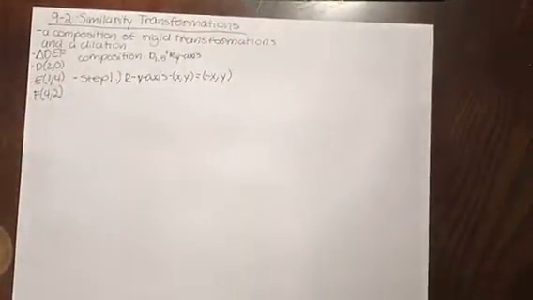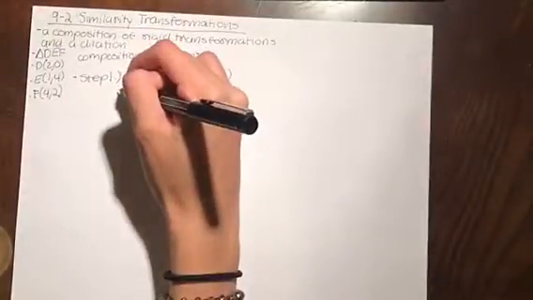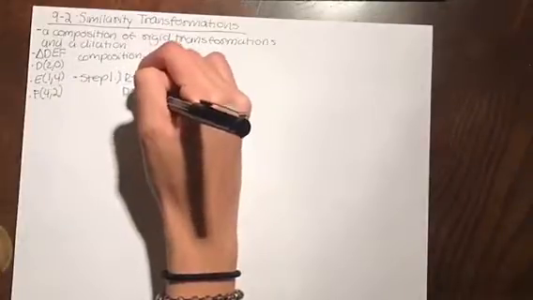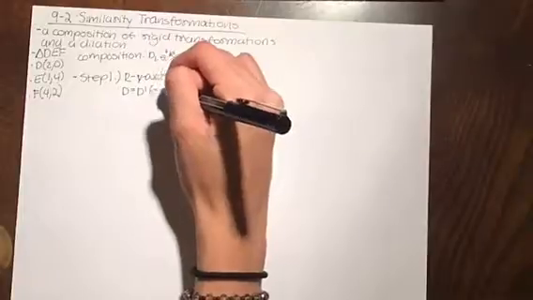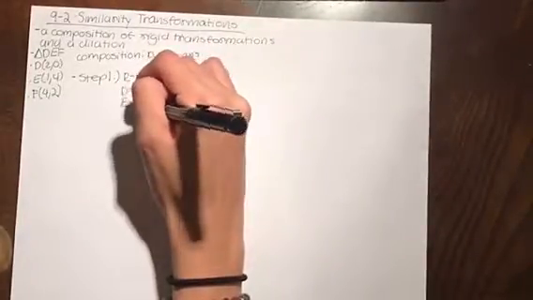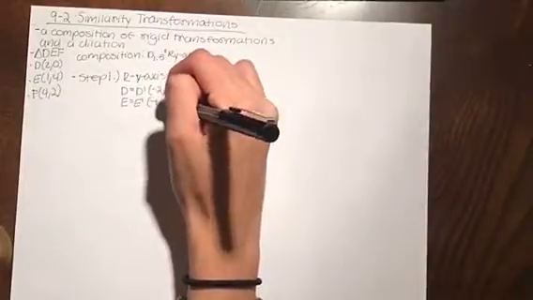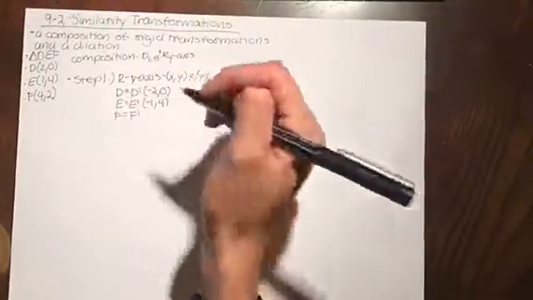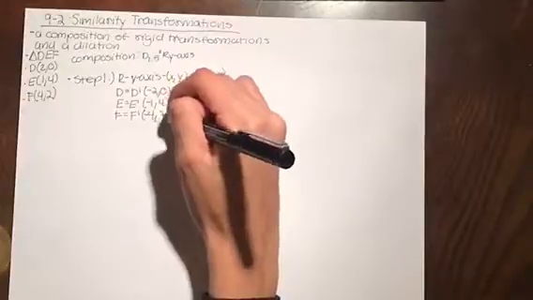So the value of the x changes, meaning D would equal D prime (negative 2, 0). E would equal E prime (negative 1, 4). And F would equal F prime (negative 4, 2).